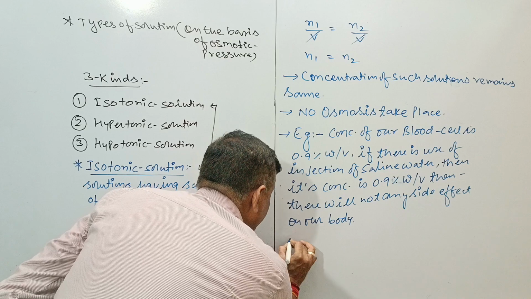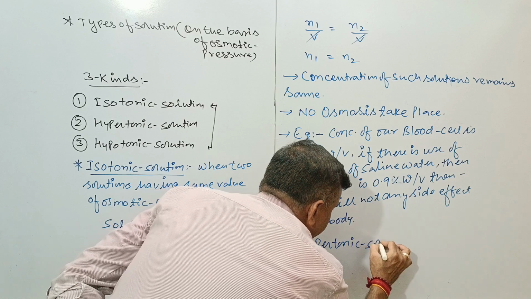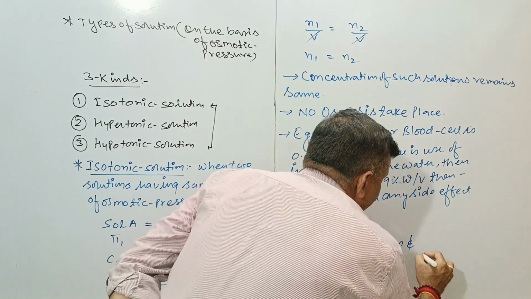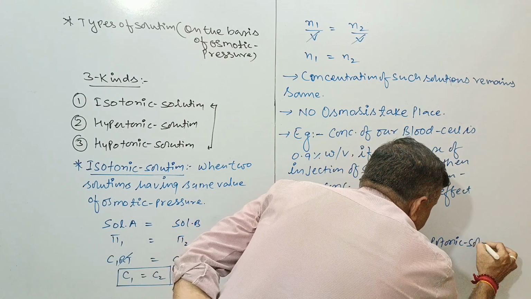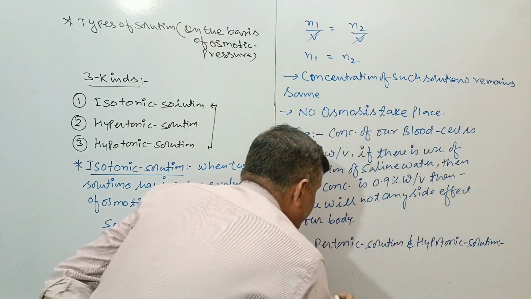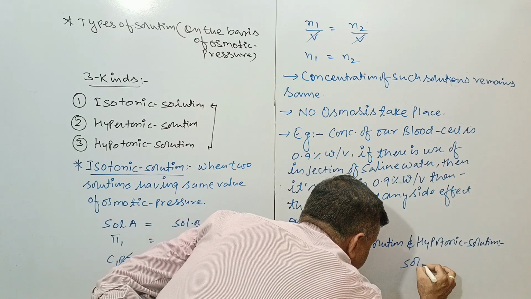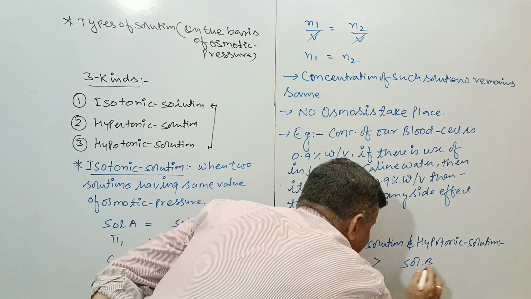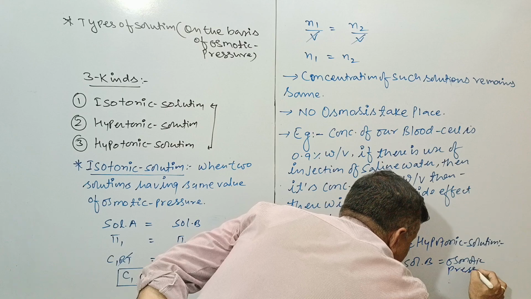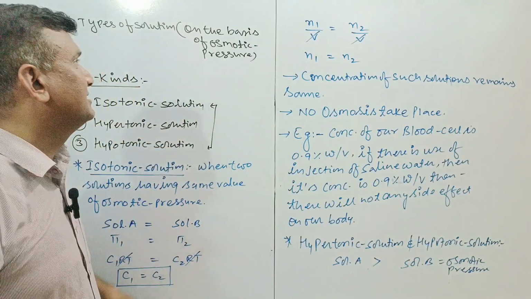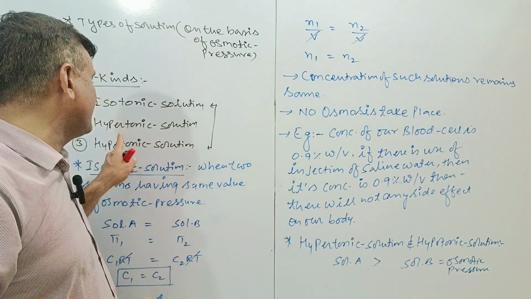Talking about the second type, that is hypertonic solution and hypotonic solution. Suppose you have two solutions, this is solution 1 and this is solution 2, that is B. We are taking the basis of osmotic pressure, so there are three kinds of solution: isotonic, hypertonic and hypotonic.